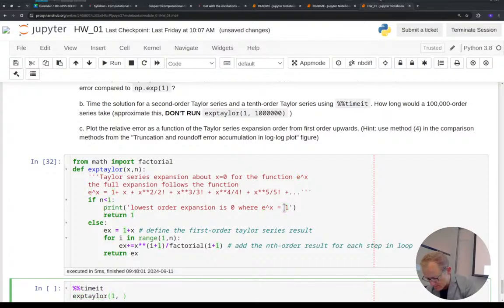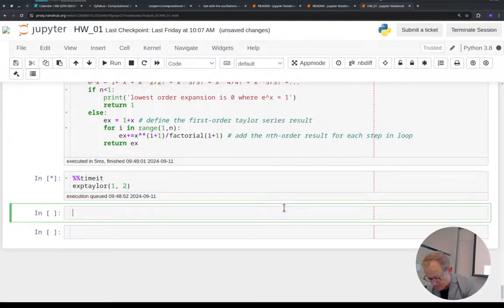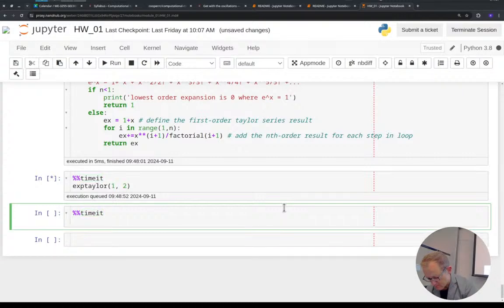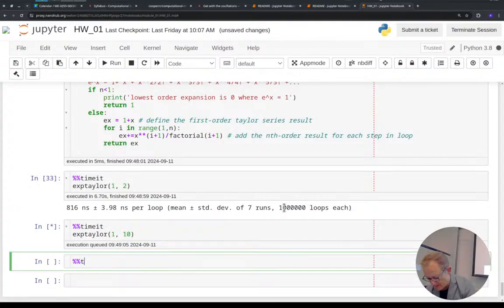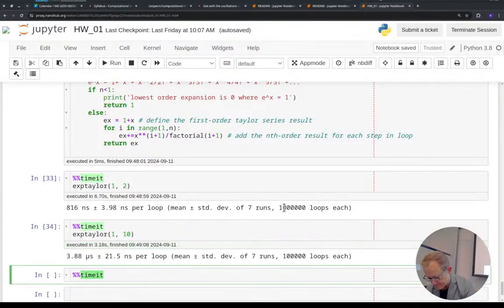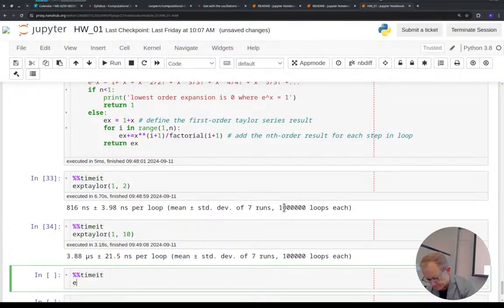So we'll do 2, 10, and for good measure, why not, let's do one more, 50.